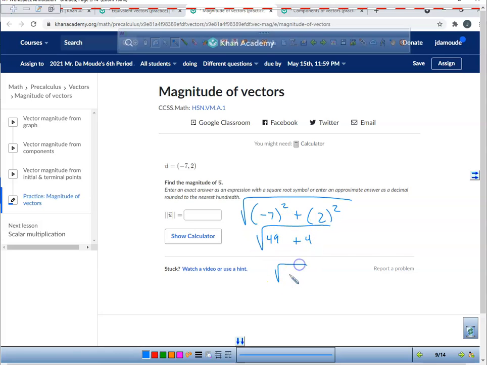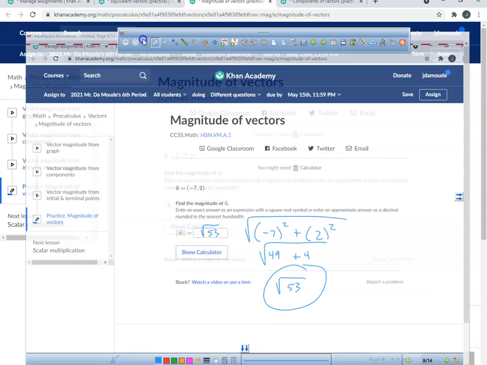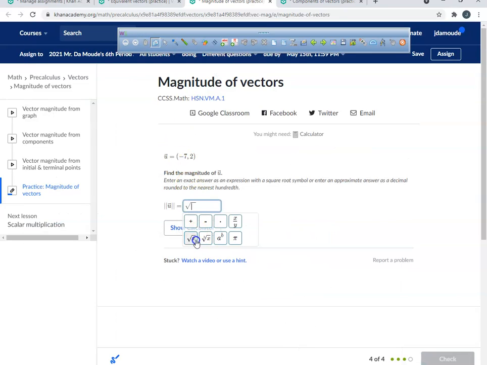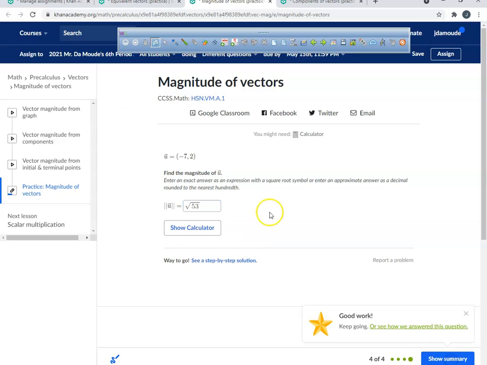So that gets me the square root of 53. And that's all I'm going to type in right there. The square root of 53. Okay, that's how you get the magnitude.